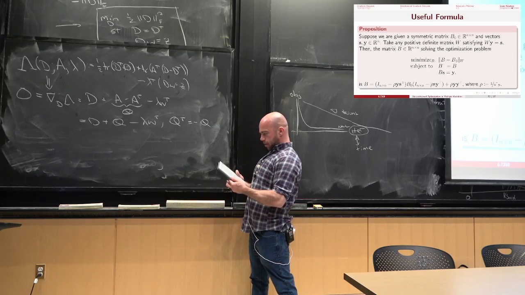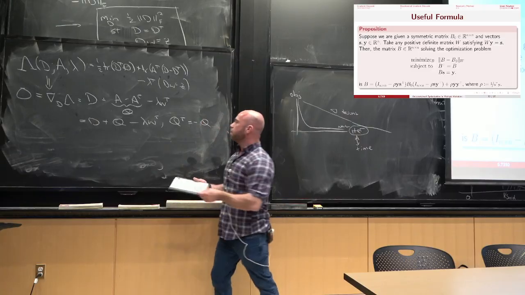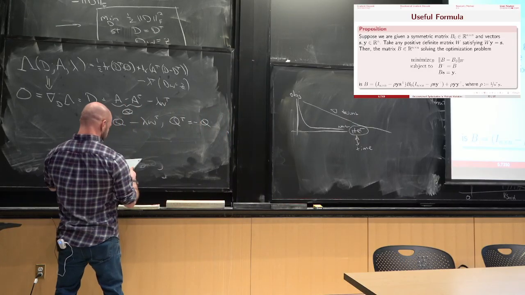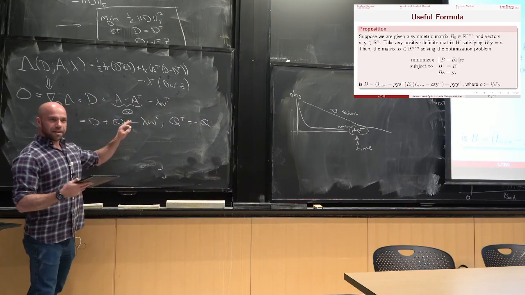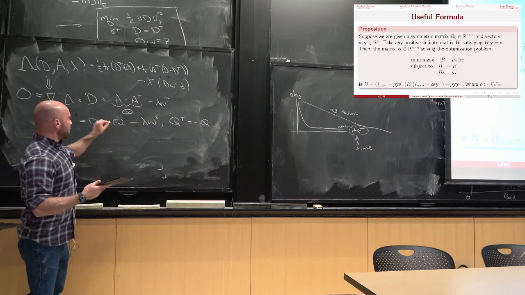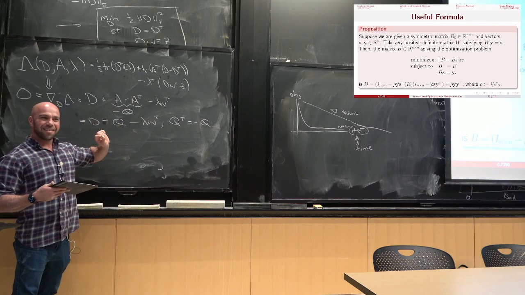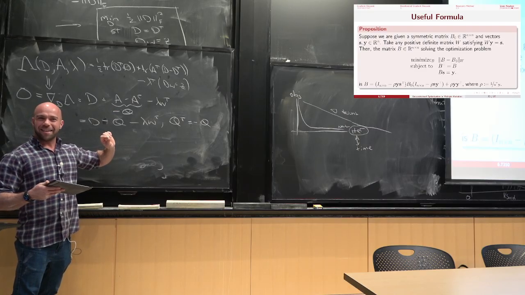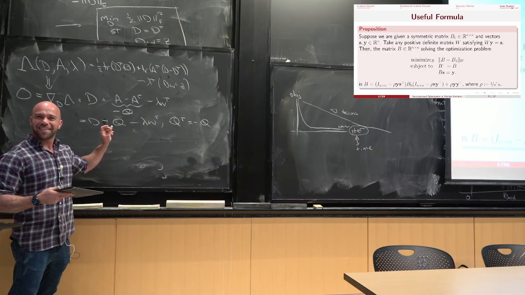I'm going to do an annoying thing that students hate. I'm going to call this minus Q and put a minus there, just because of laziness, and if this doesn't match my notes, I'm going to start making a lot of mistakes.